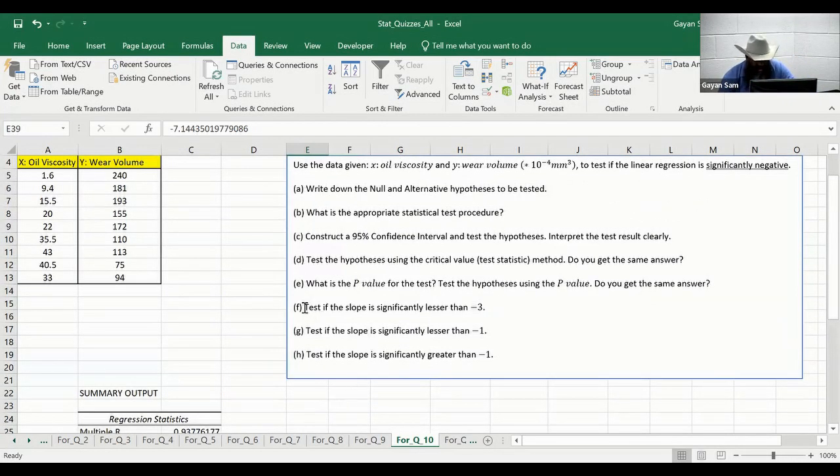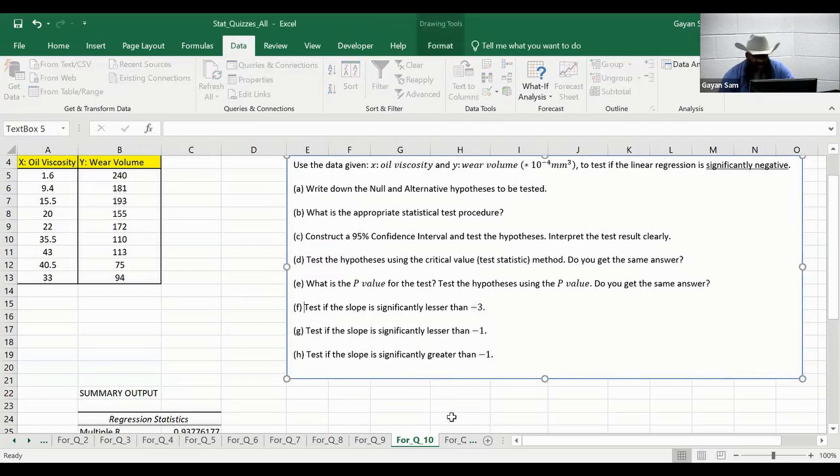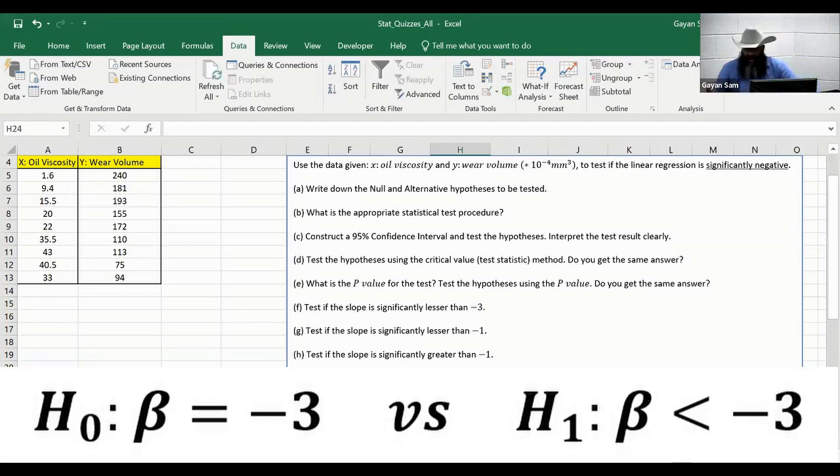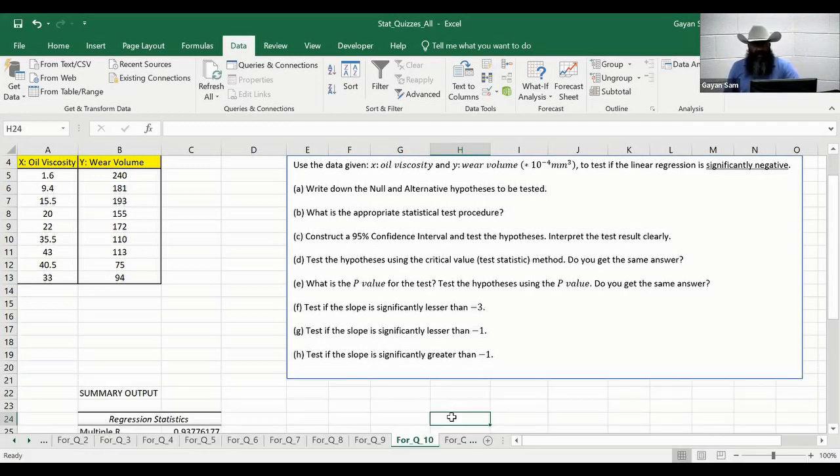Part F. Test if the slope is significantly lesser than -3. That means I need to write down the null hypothesis, this time using -3. Null hypothesis is beta equals -3, and the alternative hypothesis is beta is lesser than -3. Now, how do I test that? I need a 95% lower confidence interval because this is still a left-sided test.